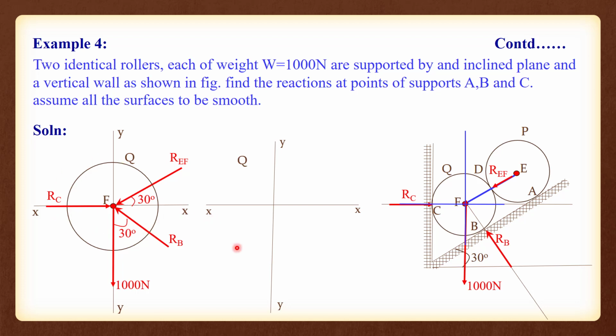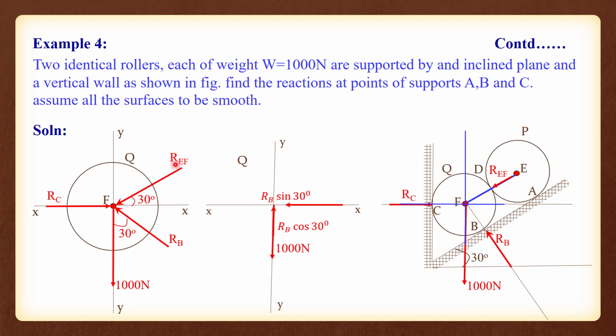So what are the forces acting? The first one is 1000 Newton acting downwards along the y axis. Then see RB, that is acting in the fourth quadrant. So we have two components here for RB, one horizontal and the other vertical. The horizontal component will be RB sin 30 acting towards left, so that is marked here, and the vertical component will be RB cos 30 acting in the upward direction, that is marked here.